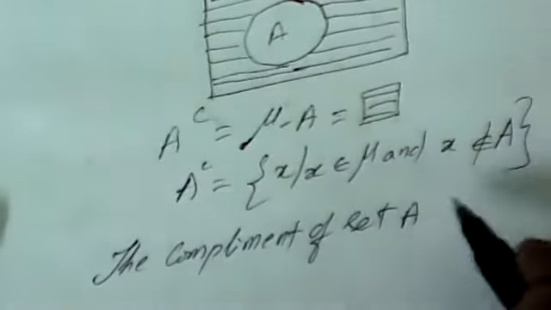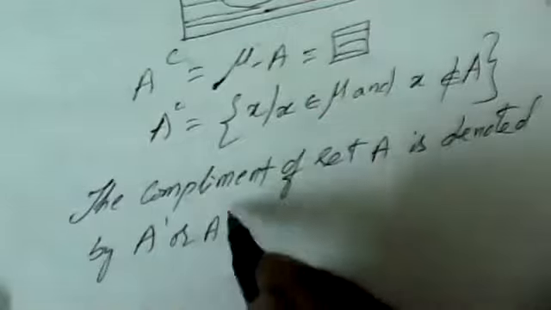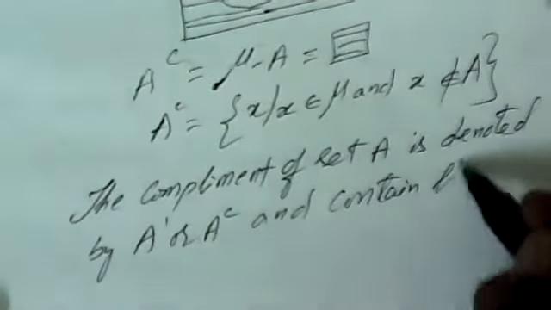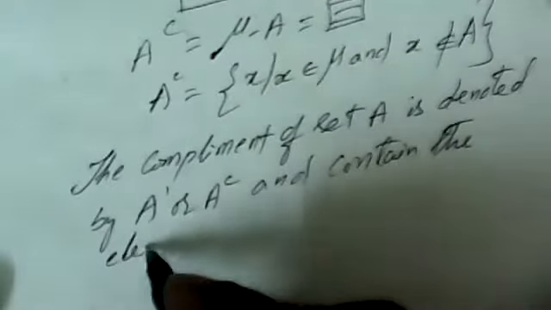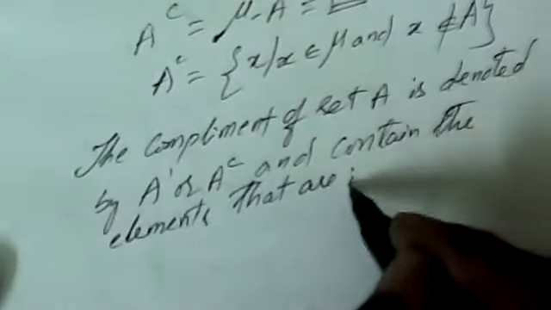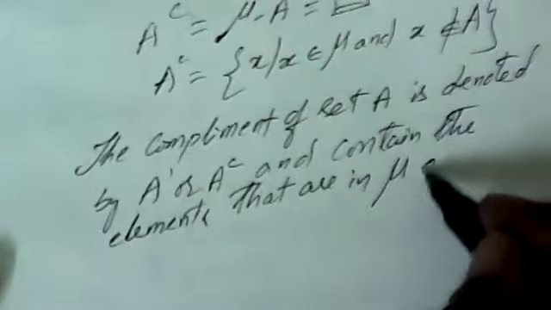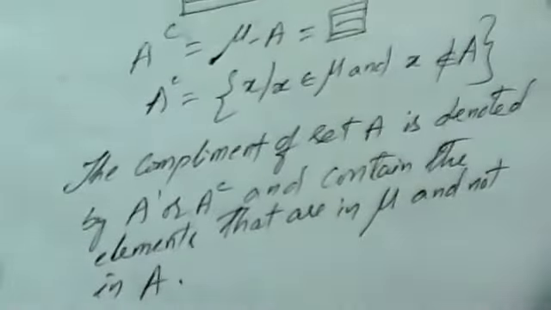The complement of set A is denoted by A dash or A prime and contains the elements that are in mu, which is the universal set, and not in A. Okay, this is the definition.